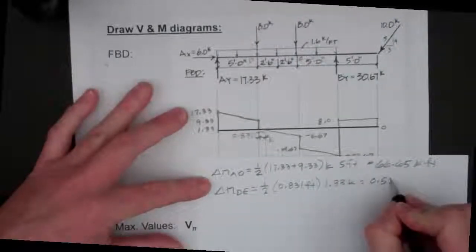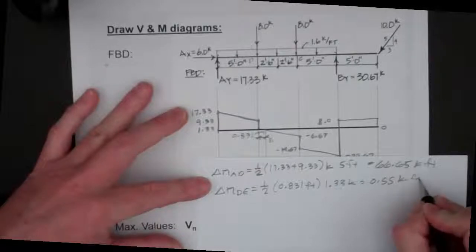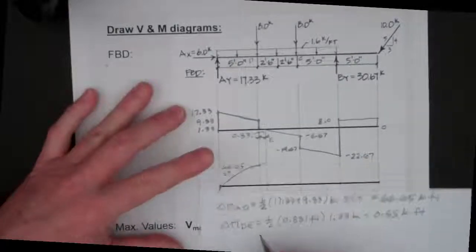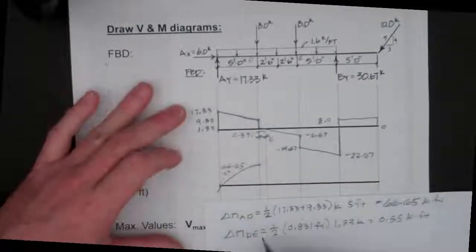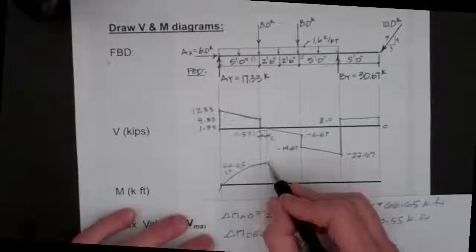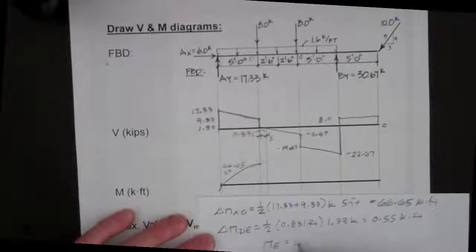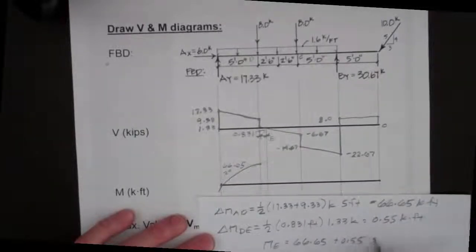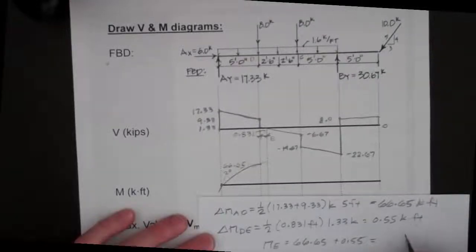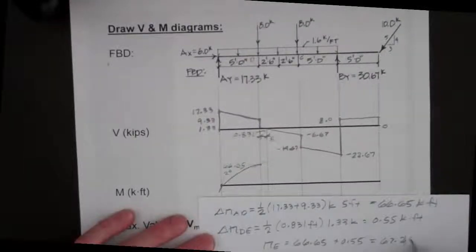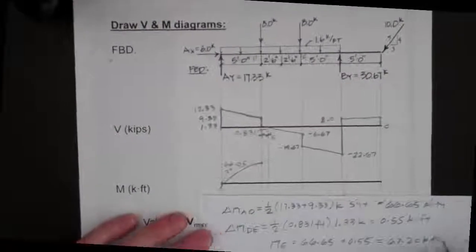So here's 0.55 kip feet, and then we know that our moment at E is going to be the moment at D plus our new value. So the moment at E is going to be 66.65 plus 0.55, so we're going to get 67.2 kip feet.